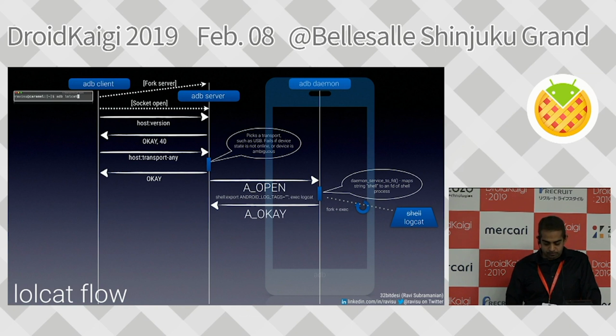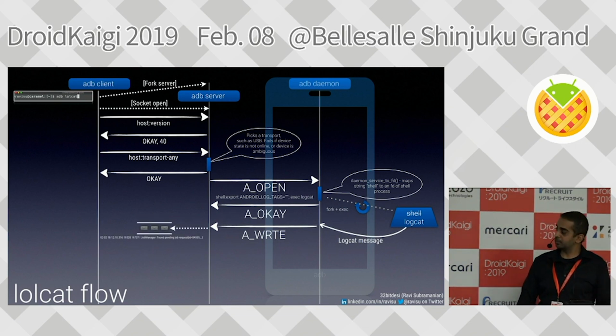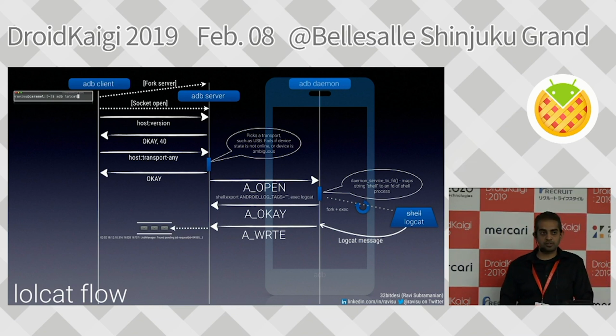All right. So now you start seeing logcat messages sent over from this process over a file descriptor to the daemon. As you can imagine, it's like a fire hose coming through. For every one of those messages, it creates an A_WRITE packet and pops it over to the ADB server. Then the ADB server receives that over the transport, rips out the data, and puts it in a little queue. This happens very quickly.